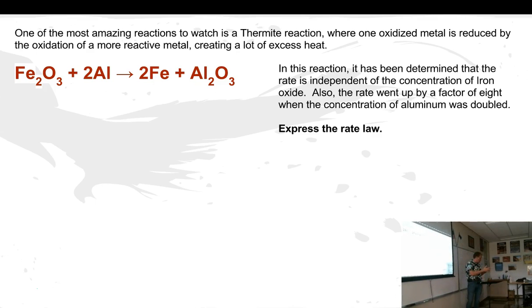what's the concentration here, what makes the reaction go faster or slower. In this reaction, it's been determined that the rate is independent of the concentration of iron oxide. No matter how much iron oxide you have, the speed will be the same. Now, obviously, it'll go longer and it'll go more if there's more stuff to do the reaction with.